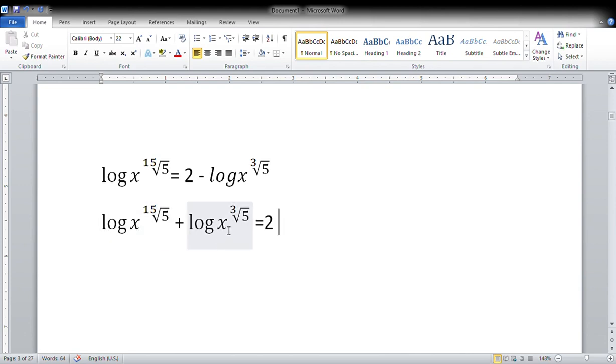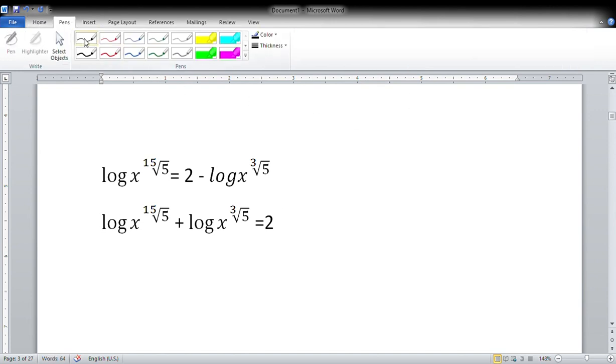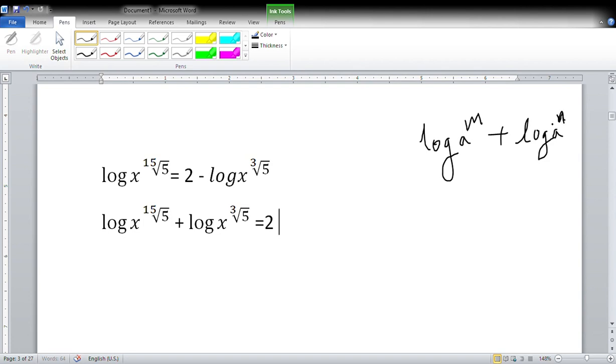We have already studied one rule: if in the question there is an addition and both the bases are the same, we can multiply the numbers. Suppose it is given log m with the base a plus log n with the base a.